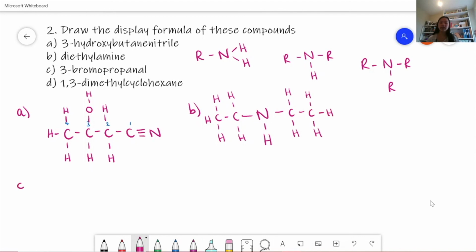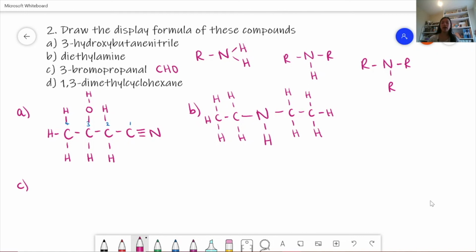And then for C, we have 3-bromopropanal. So again, we think about which part is the actual chain. It's not the 3-bromo, because that's just indicating that we're adding a halogen somewhere. So the main bit is the propanal, and propanal is an aldehyde, so it has the general formula of CHO, and that always goes on the end.